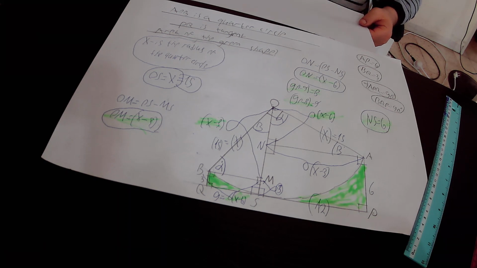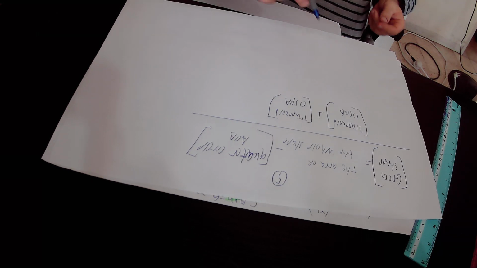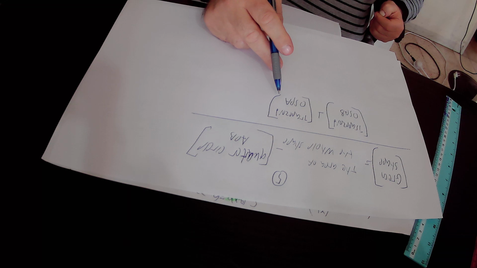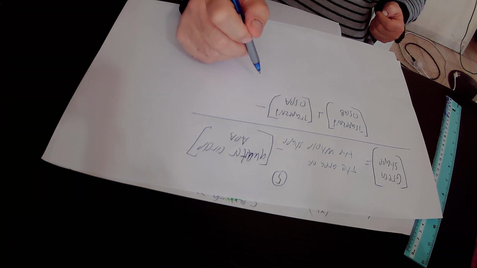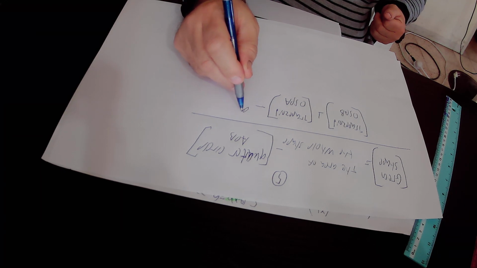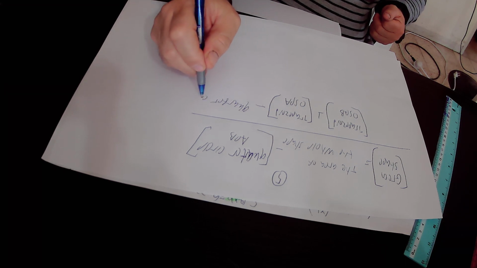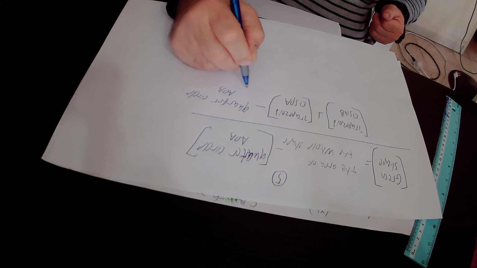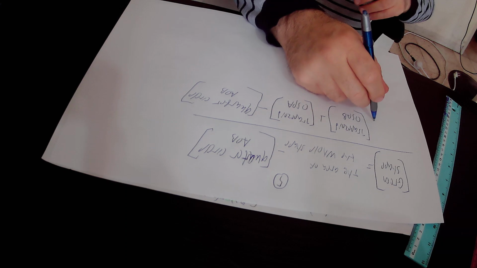So the area of trapezoid OSQB plus the area of trapezoid OSPA minus the area of the quarter circle AOB will be equal to the area of the green shape.